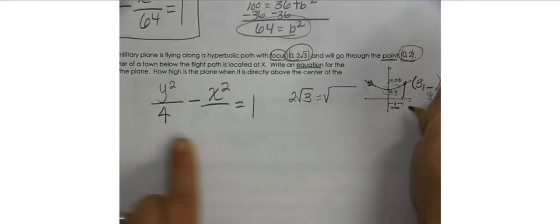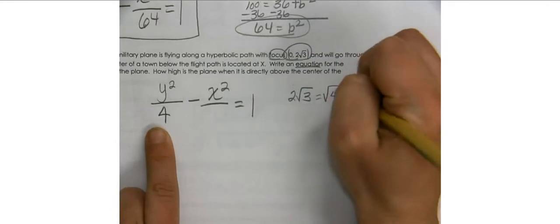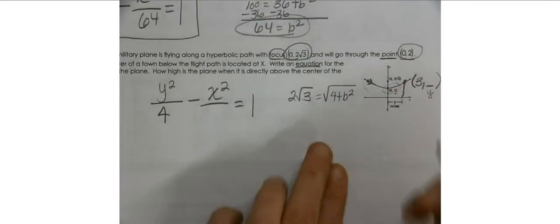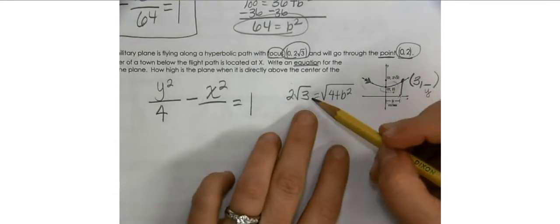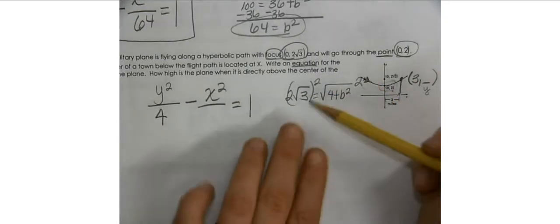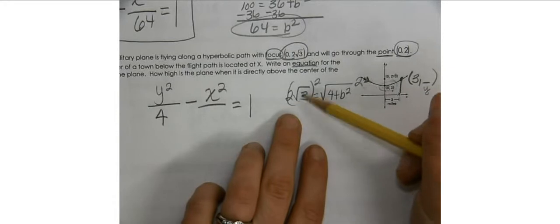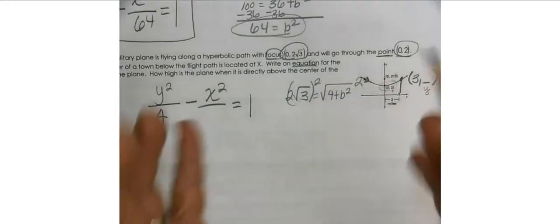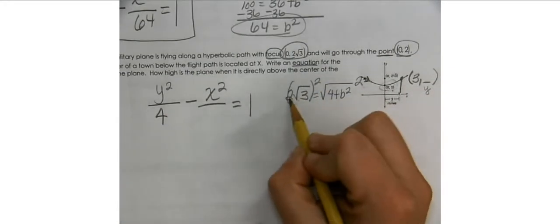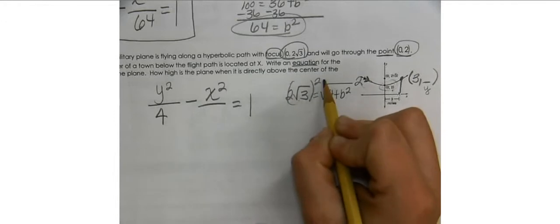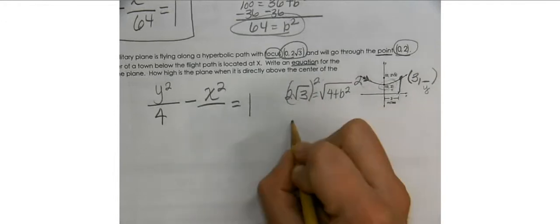So I'm going to write 2√3 is equal to the square root of 4 plus b squared. Now, in order to get rid of the square root, I'm going to square both sides. Be careful here. We need to put parentheses around 2√3, and then square that entire quantity. So this is going to be 2 squared, which is 4, times 3, which is 12.